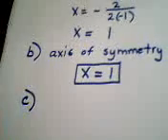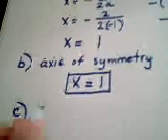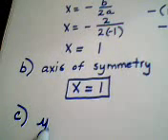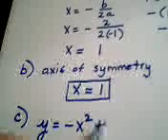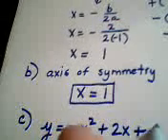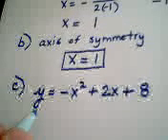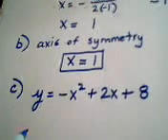Part C asks me to find the y-intercept. Okay? Now we basically have the function here, y equals the opposite of x squared plus 2x plus 8. To find the y-intercept, remember the y-intercept is the place where x is 0.